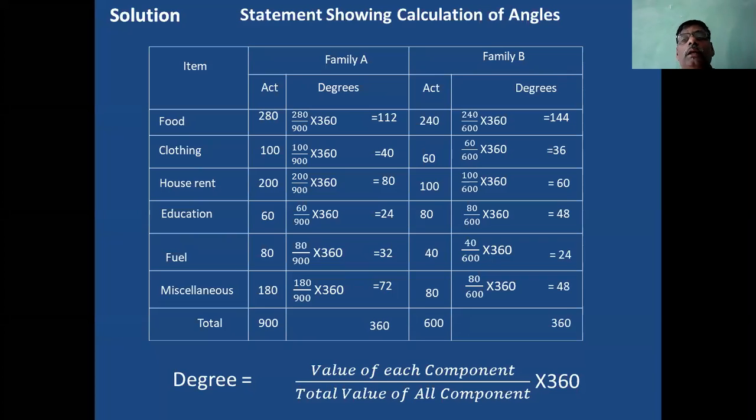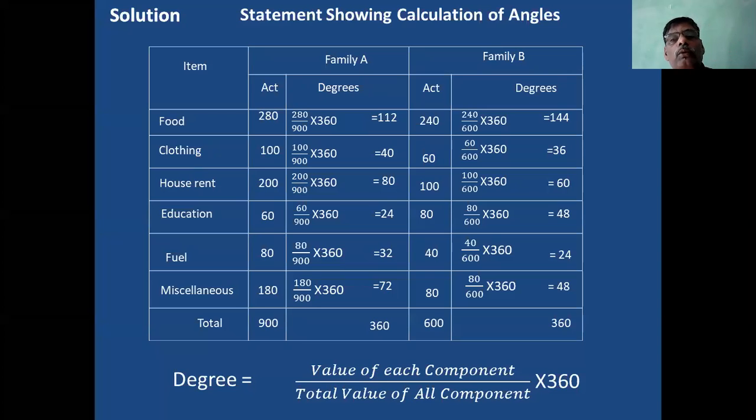Then, as I already showed in the previous problem, you draw one circle for family A and another circle for family B, and you take the compass. With the help of the compass, you draw circle 1 for family A and circle 2 for family B. Then take the protractor.